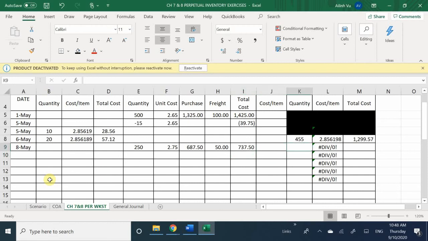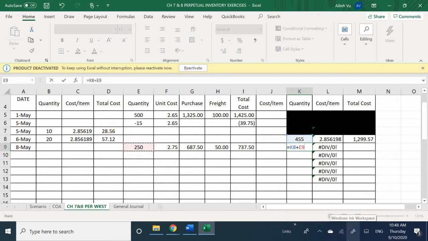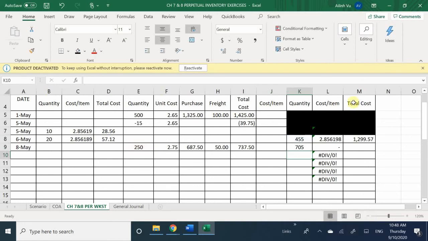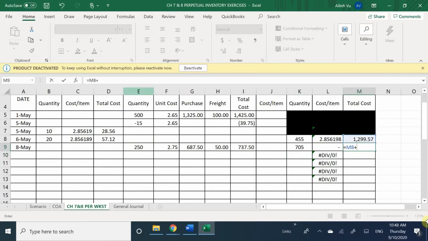And now we need to update our inventory. So in this case, because we're doing average costing or moving average, good. So 705. Cost per item is 2.8.